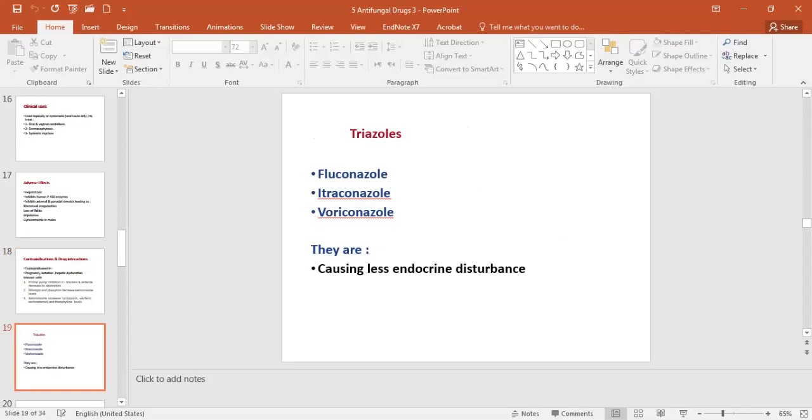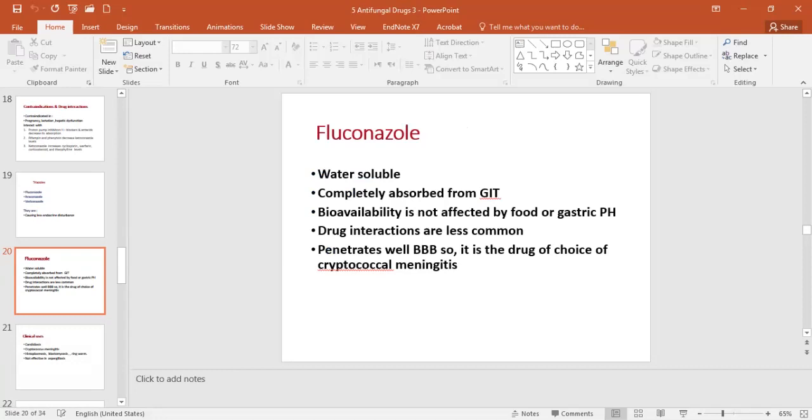Now we come to the triazoles, which include fluconazole, itraconazole, and voriconazole. They cause less endocrine disturbance as compared with ketoconazole, meaning their endocrine effect is relatively weak. Fluconazole is a water soluble drug, completely absorbed from the GIT, and the bioavailability is not affected by food or gastric pH.